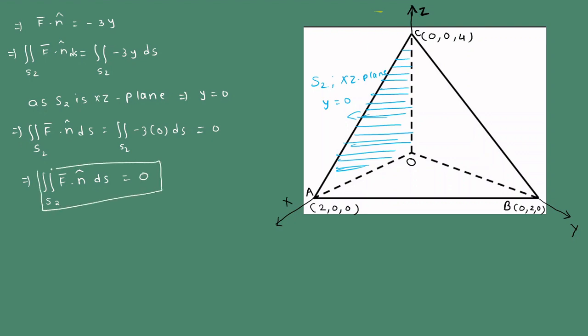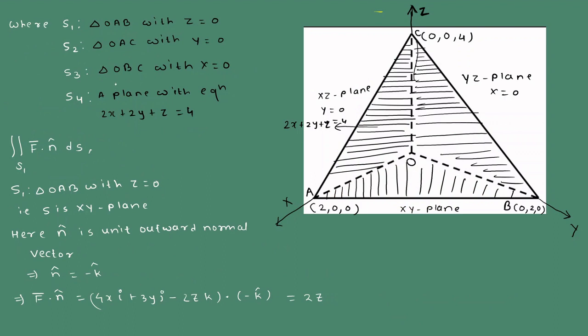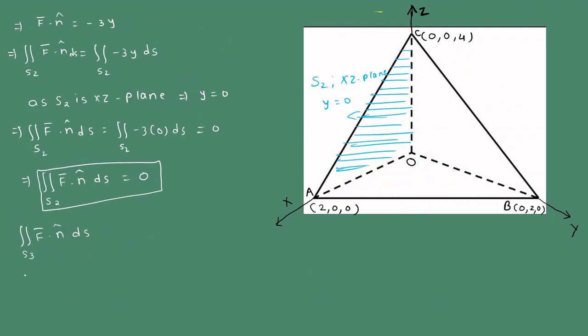Correct? Okay. Now we need to calculate double integration over S3 of f bar dot n cap ds. Now, what is S3? Let us see. S3 is triangle OBC with x equal to 0, right? That is, it is the YZ plane with x equal to 0, correct?